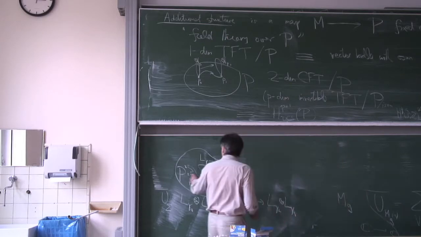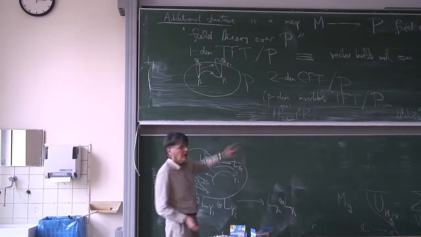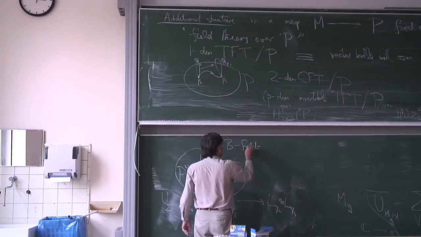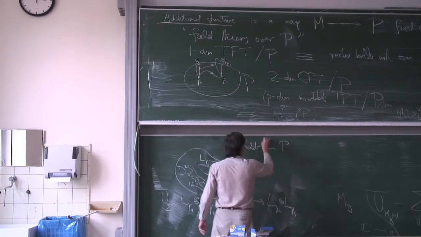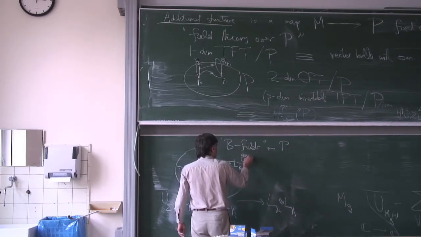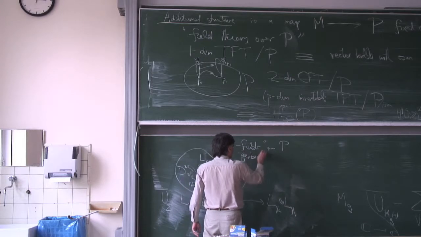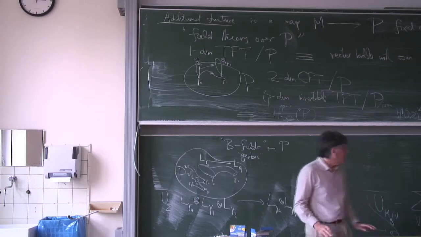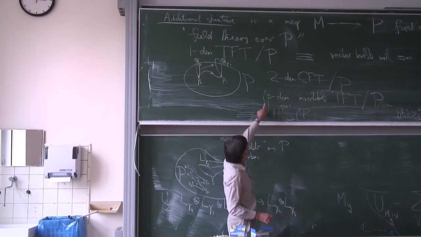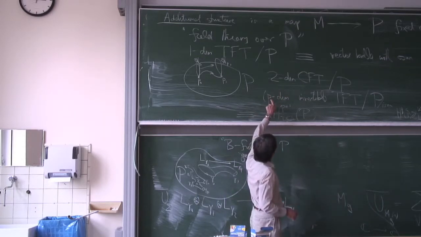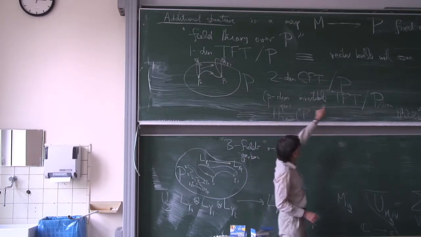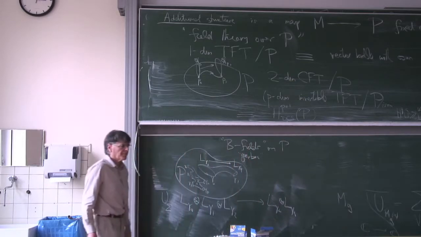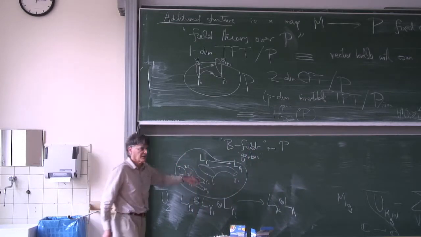So these things in the case of p equals 2 are often called B-fields on P. Two-dimensional invertible topological field theory on P is exactly that. It's one of these things, a gerbe connection.